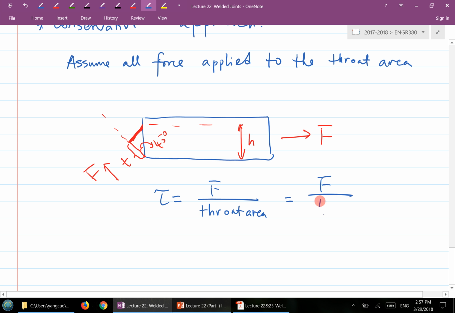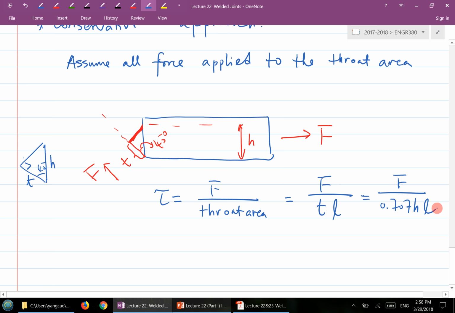The throat area is T times L. And because this is a 45 degree cut, you have a triangle here, 90 degrees here and 45 degrees here, and this side is H, this side is T. So the T value is 0.707 H, and then you multiply by L. So you get the shear stress at this area.